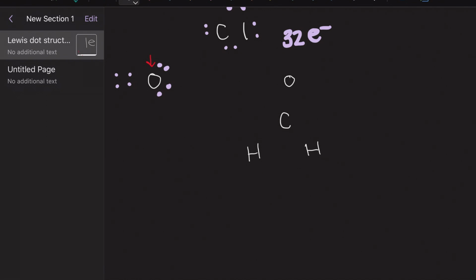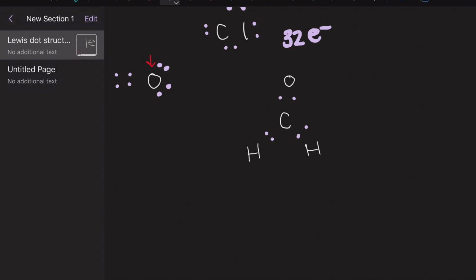Hydrogens can only form one bond. They only have 1 electron, and they only want a duet rather than an octet. So let's start putting in electrons. We'll give everything 1 bond, and we know that just by doing that, we filled hydrogen's duet. So neither of these can be double bonds, and we can't give hydrogen any lone pairs. So where else are we going to put our electrons?